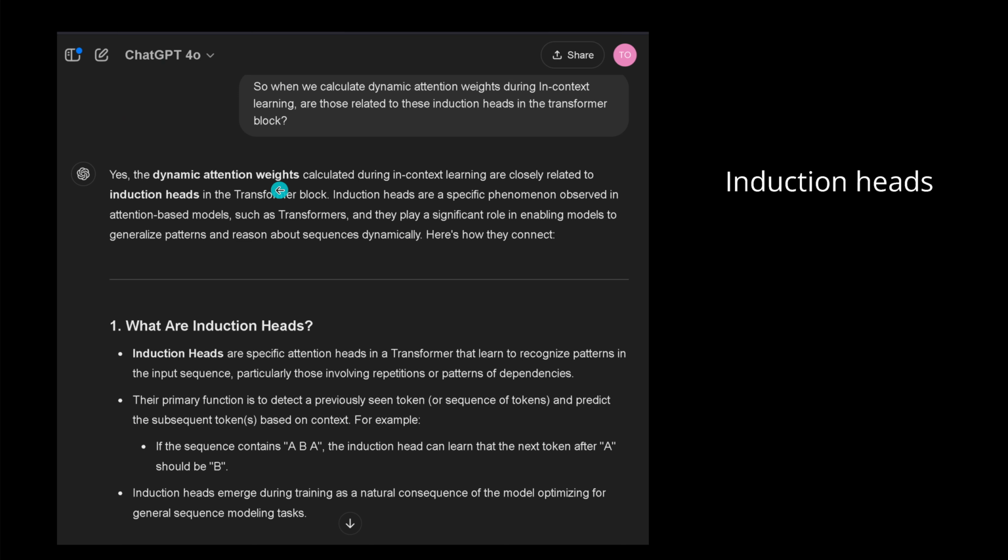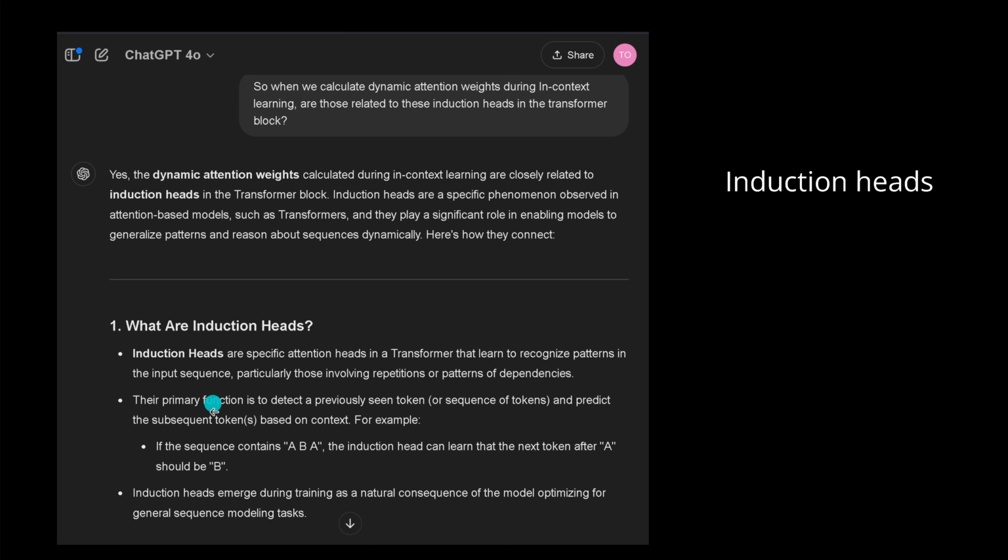So this dynamic attention weight calculated during in-context learning is closely related to the induction head in the transformer block, because induction heads are a specific phenomenon observed in attention-based models, and they play a significant role in enabling models to generalize patterns and to reason better about the input sequences dynamically. So you remember our tests. Also, if you go to the community tab of my YouTube channel, you see I have specific tests for in-context learning, and they are simply sequence-based tests.